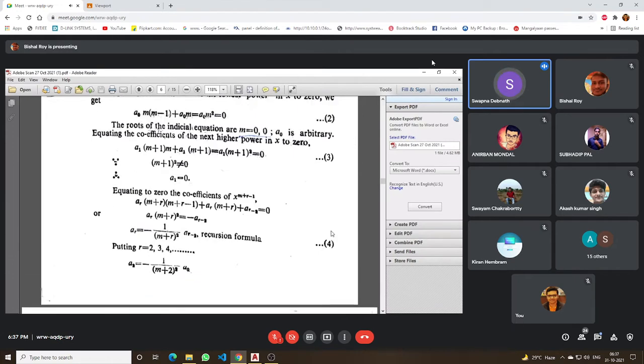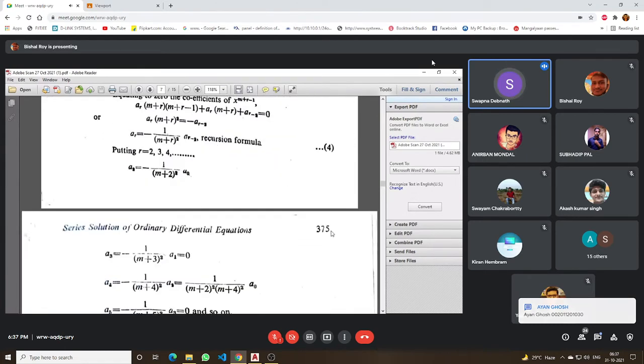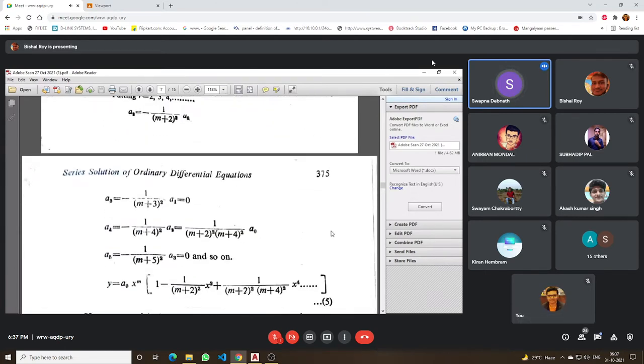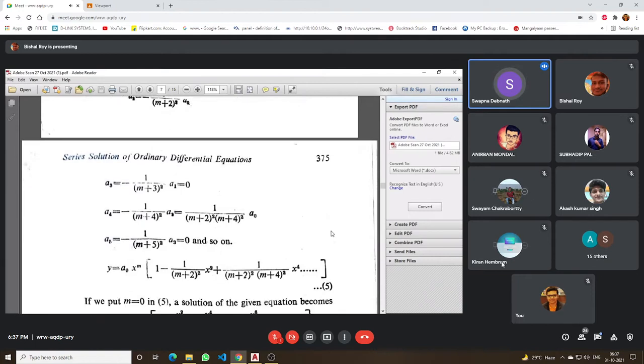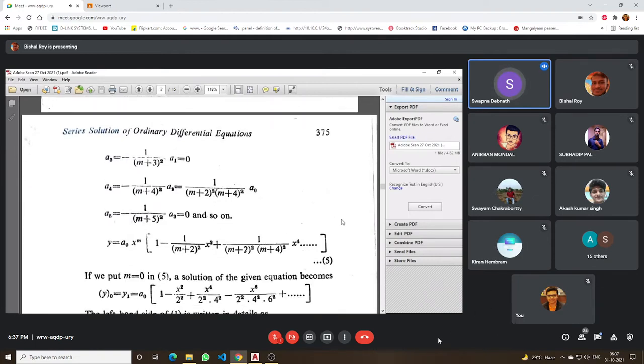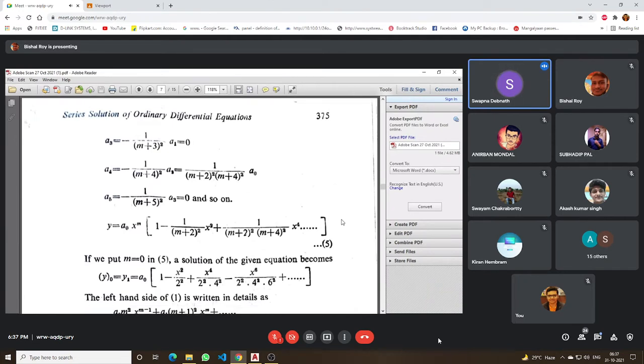Therefore, they have got the recursion formula, from which we put r equal to 1, 2, 3, 4, etc. Then a_r is equal to this. This gives the recursion formula. From this, we get a2, a3, a4, a5, etc. Therefore, we can write y equal to a0 x to the power m, and the other terms are in terms of a0. That gives the solution 5.